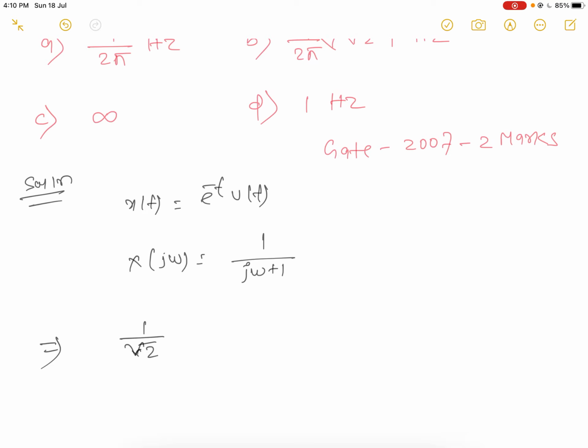Normalized means the normalized transfer function, where we take the maximum as 1. When you divide 1 by root 2, it comes out the same. So 1 by root 2 is the 3 dB frequency.